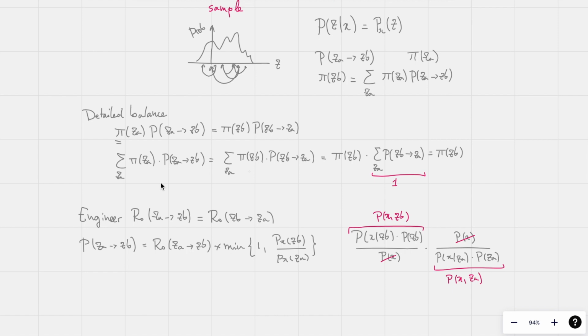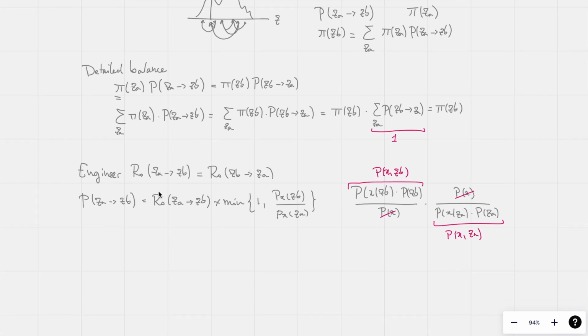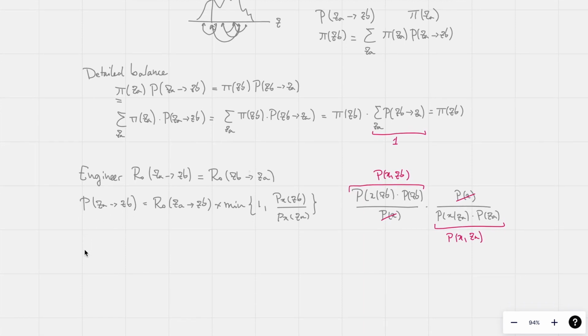So here we go. We're going to start with the detailed balance condition with that particular process. So this is P(x, Za) times P of Za to Zb here.